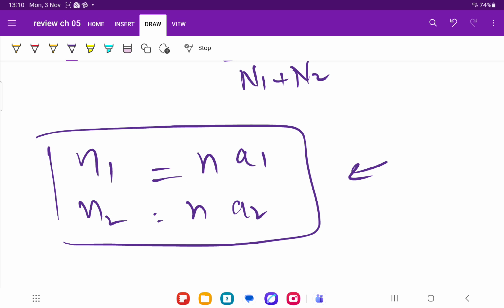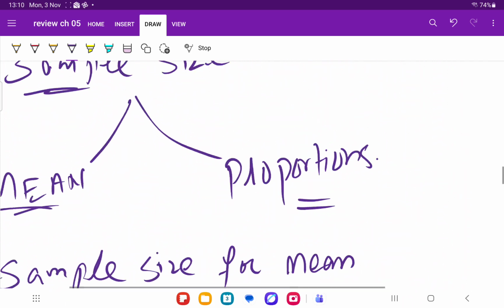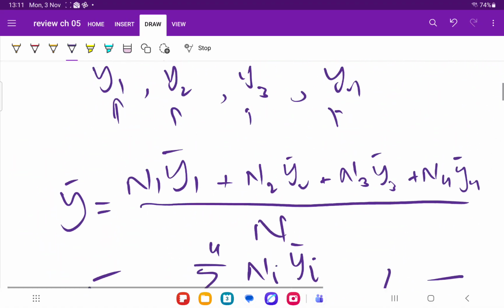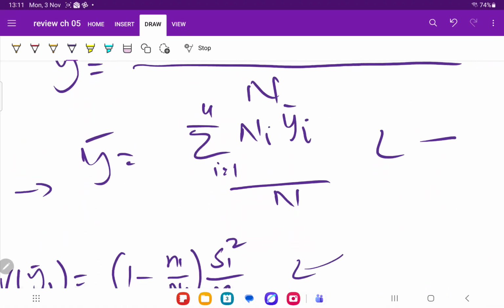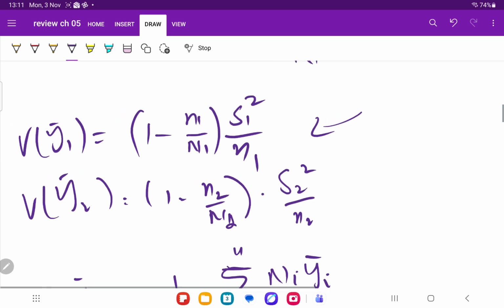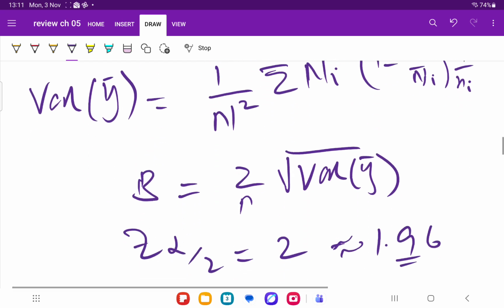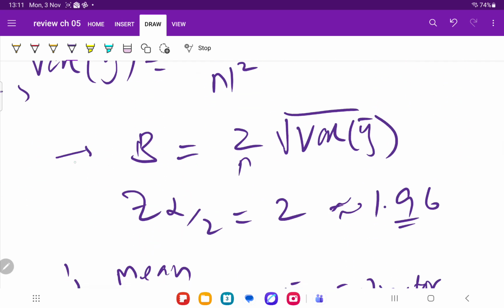We have already seen in the previous part that one type of question relates to the mean, with this formula. Another type of question might relate to the variance, and here is the formula, and the bound of error.